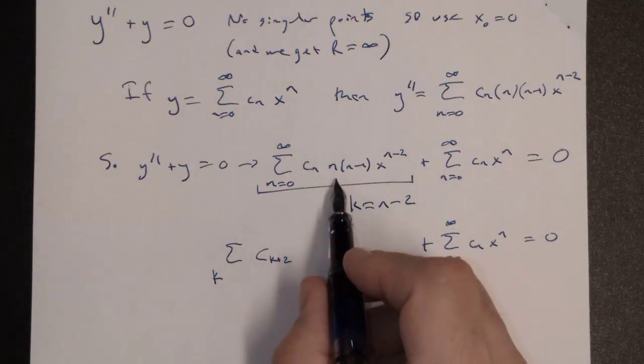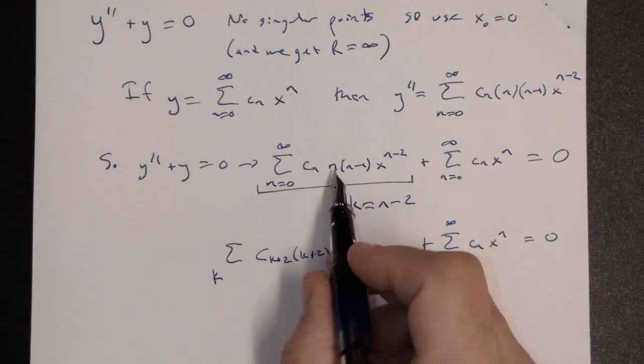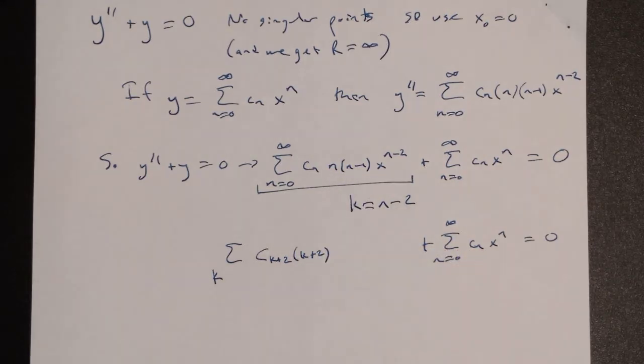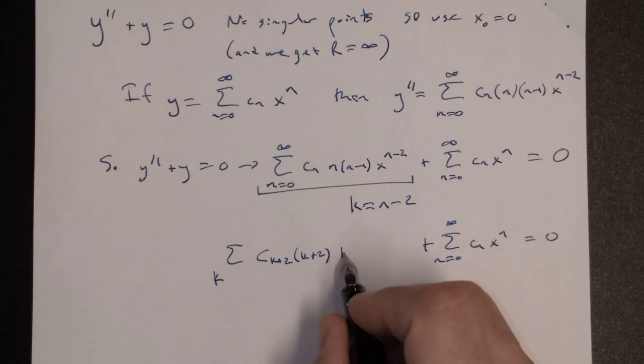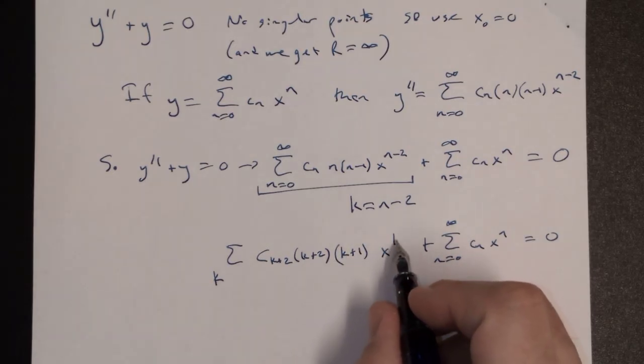And here, I'm going to get another k plus 2 for this n. What do I get in this set of parentheses? x to the k.